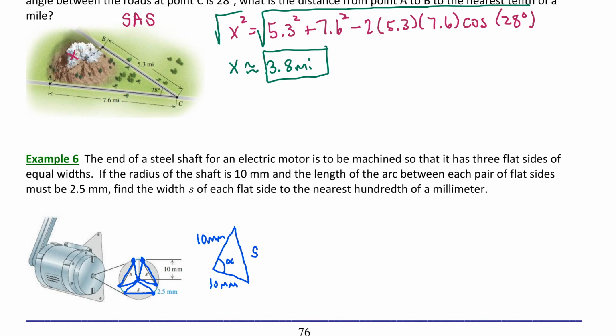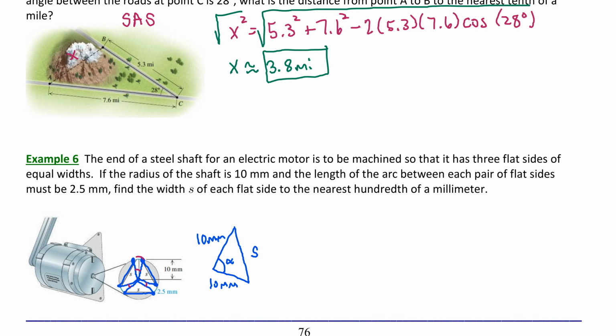The central angle of each of those triangles is alpha. However, we can't determine alpha by taking 360 degrees and dividing it by 3, because we have some additional angles here that would make up that 360 degrees. Now, if I could figure out that angle, then I could also determine the unknown angle alpha.